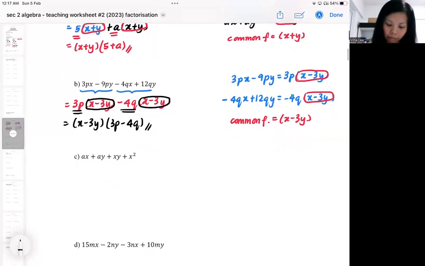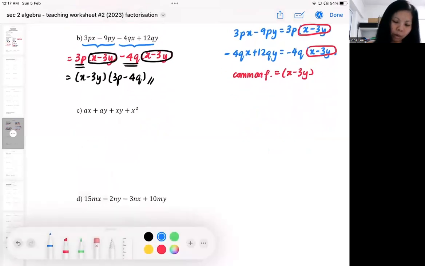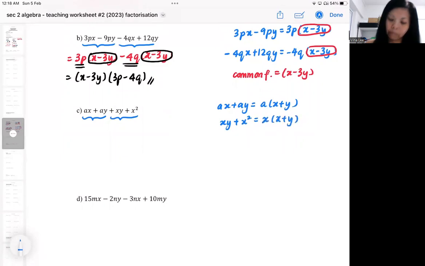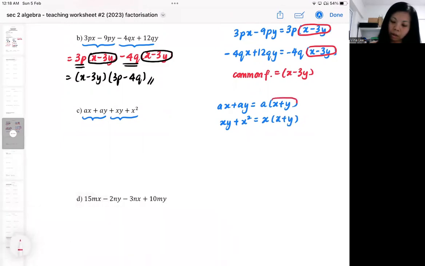Okay, so let's try some more. Usually I won't try to reshuffle first. I will try to take the first two and see whether I really get the same brackets or not first. I wouldn't want to reshuffle. So in this case, yes, I managed to get a bracket as a common factor.